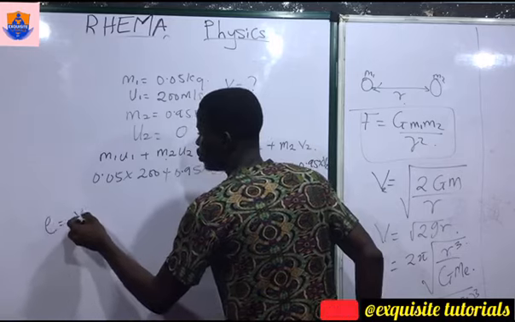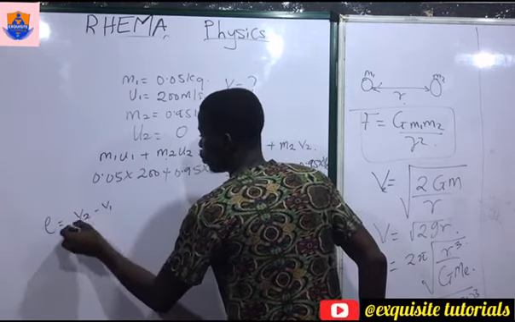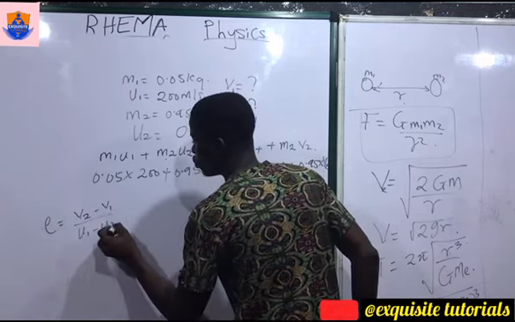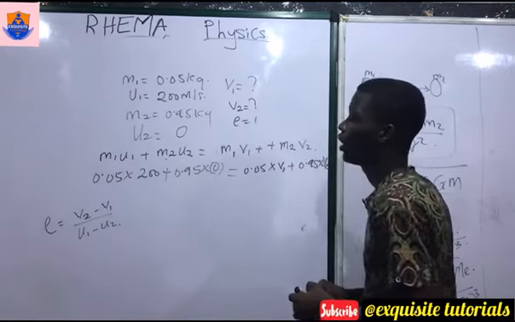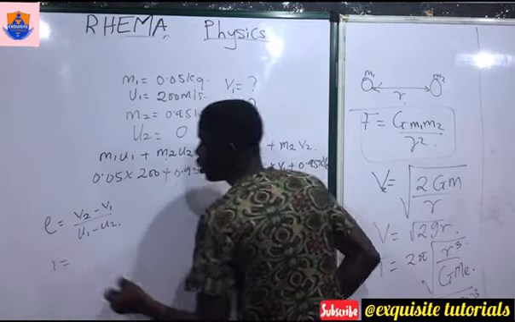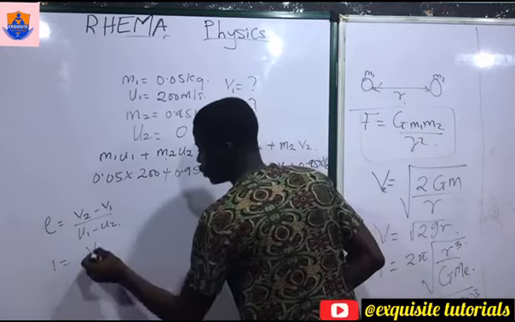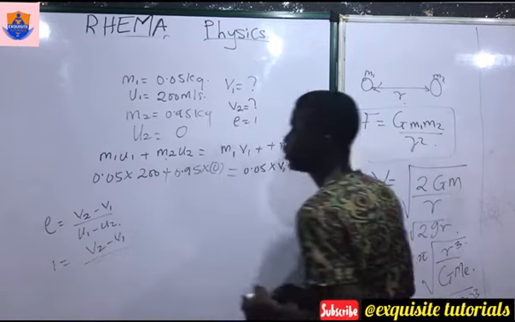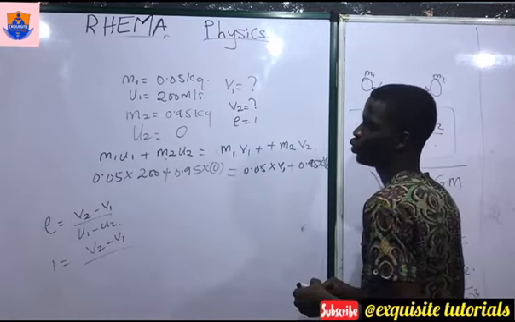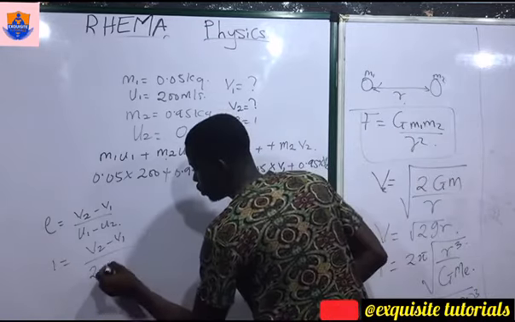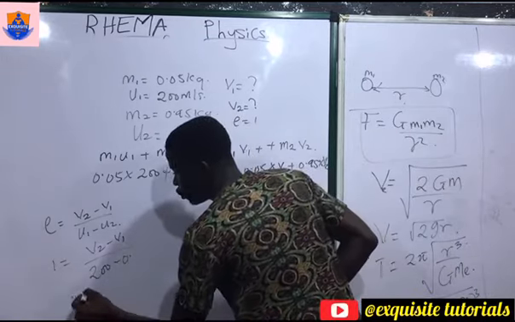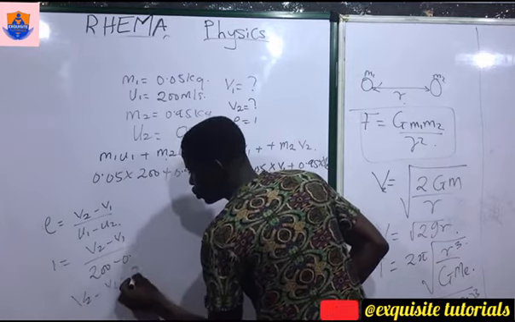Our E is (v2 minus v1) all over (u1 minus u2). Now our E is equal to 1. Our v1 and v2 are unknown, so I'll just place v2 minus v1. My u1 is 200, so 200 minus 0.